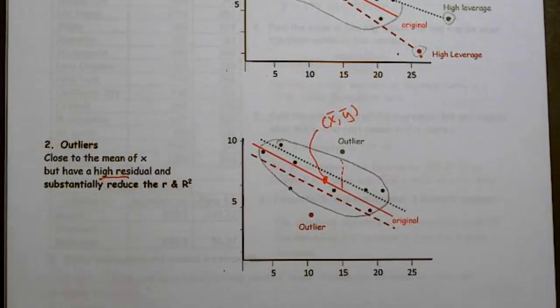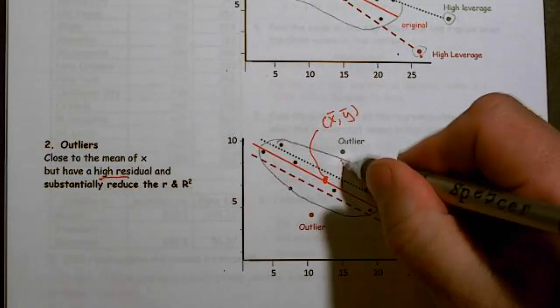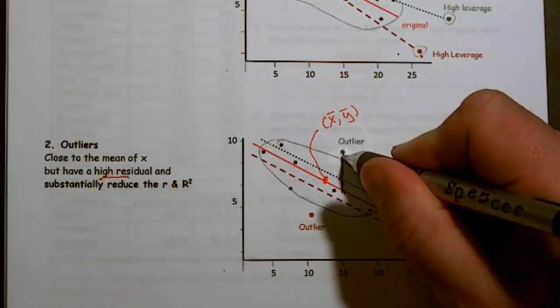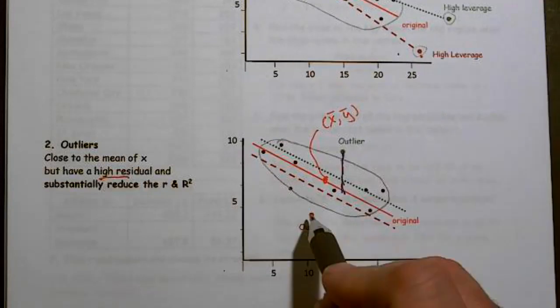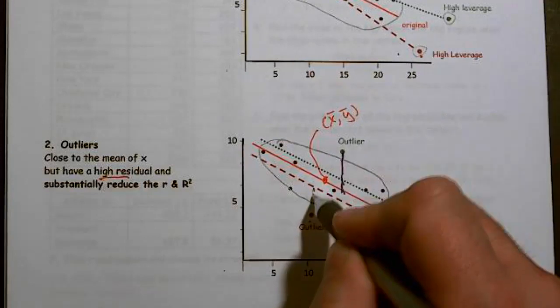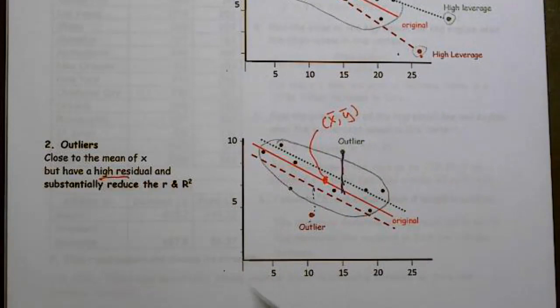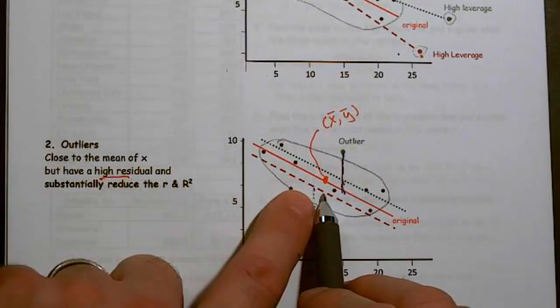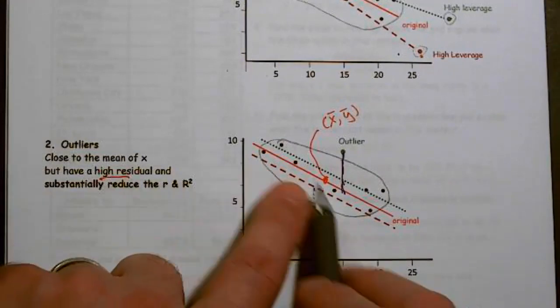When I look at this one right here, it's a long way from the predicted line. The same with the brown point, it's a long way from the predicted line. And as a result, they don't change the slope of the line a whole lot. They didn't change the slope of the line.